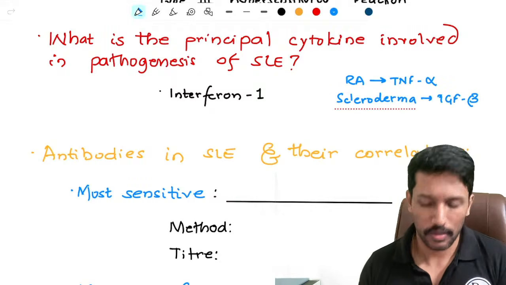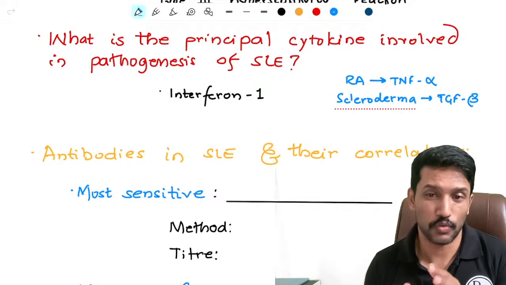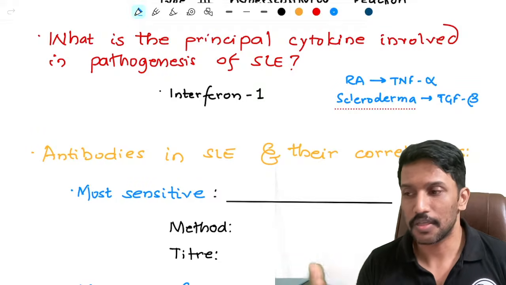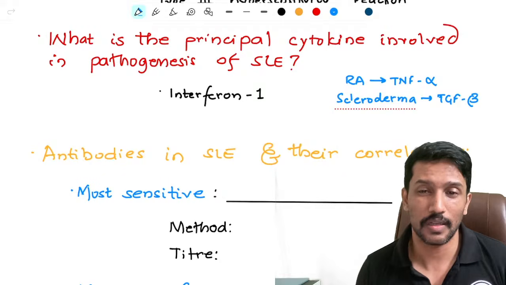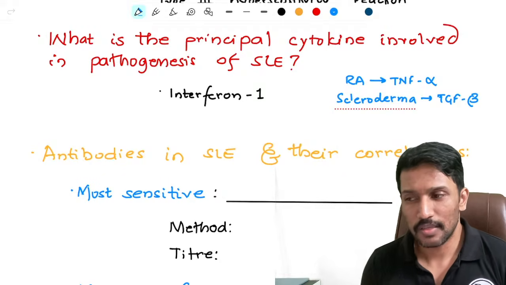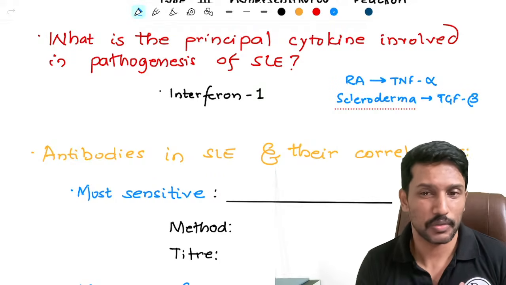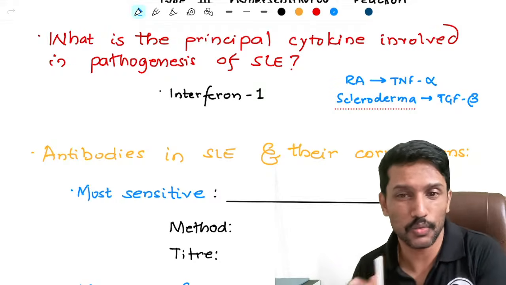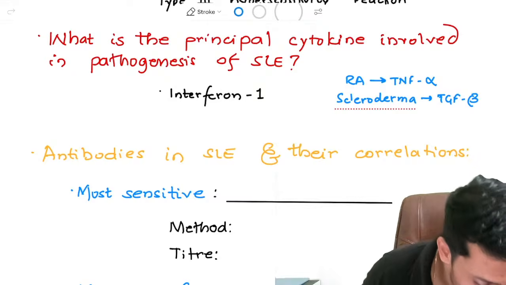You should remember all these cytokines because treatment will be targeted against them, so that in an MCQ based exam or in Viva OSCE, you won't be confused. If a teacher says, I would like to use infliximab for treatment of SLE, you can counter him saying, sir, infliximab is an anti-TNF alpha drug, and TNF alpha doesn't play a role in the pathogenesis of SLE, so it won't be of use. But yes, sir, you can use that in a patient with rheumatoid arthritis. Okay.